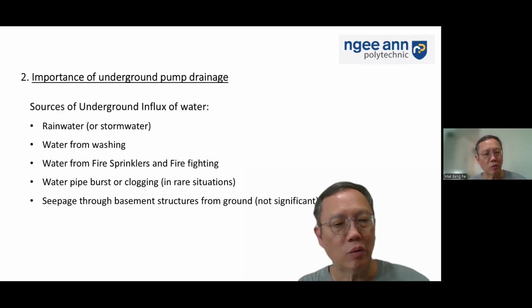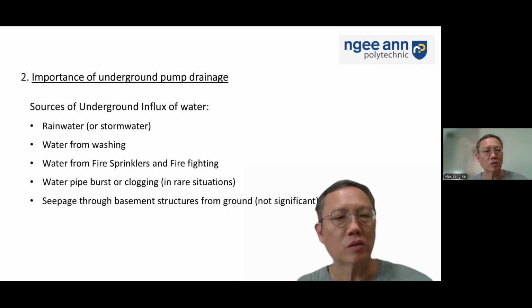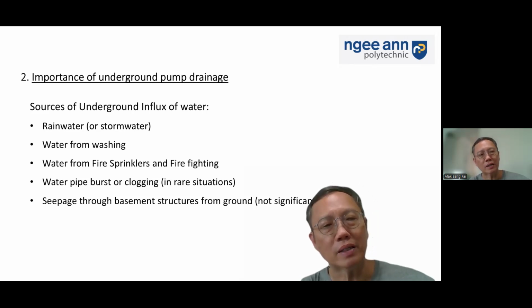Now, what are actually the sources of this influx of water? It could be rainwater, storm water, especially when your basement is exposed to this. Water from washing, maybe washing the car park or the basement. Then water from fire sprinklers or firefighting in the event of a fire.